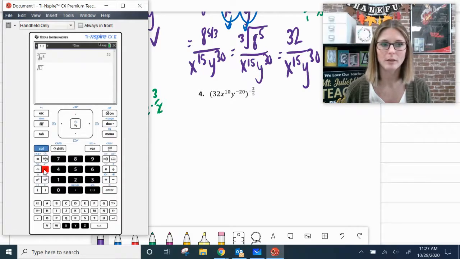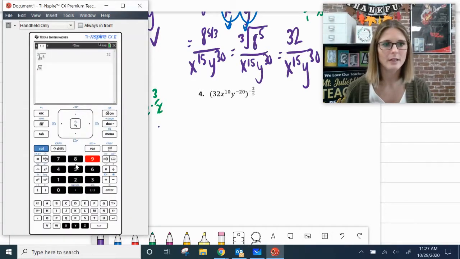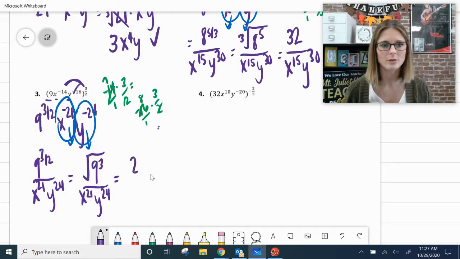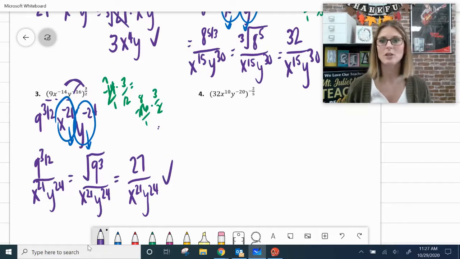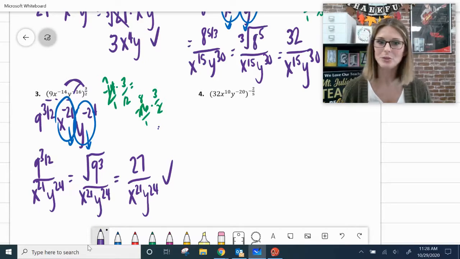I can just use the square root because it's a square root of 9 to the 3rd. Enter. 27. So 27 over x to the 21st, y to the 24th. Final answer. So you don't want any negative exponents, and we don't want any rational exponents or fraction exponents now that we're in Algebra 2.